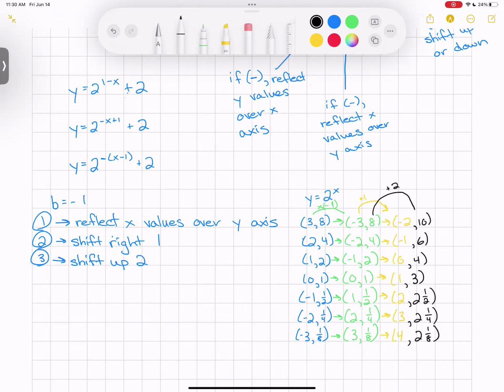And so this will be our new set of ordered pairs to graph that transformed graph.